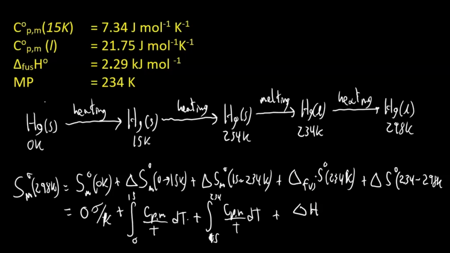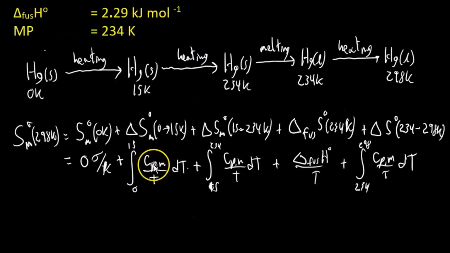Let me know if you want to see another video or where it is. But it equals the enthalpy of fusion, molar at standard state, divided by the temperature. And now we're going to heat it up again. So this will be the integral from 234 to 298 Kelvin of Cpm over T dT.